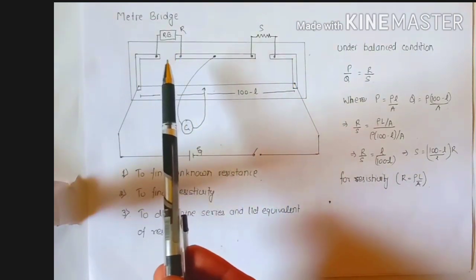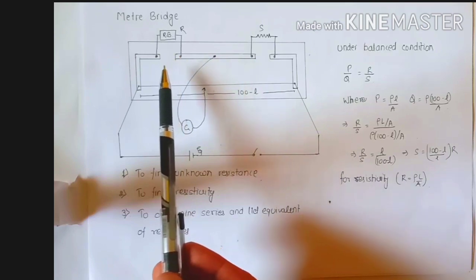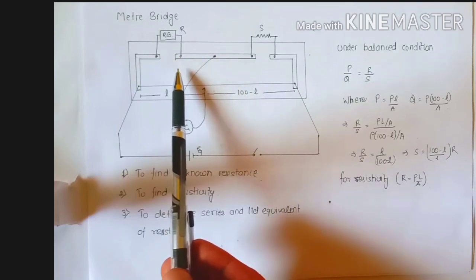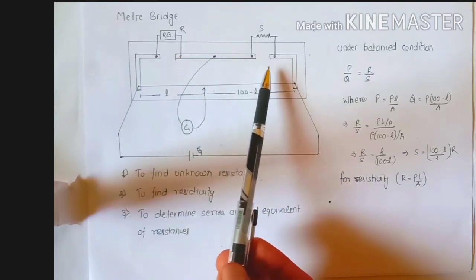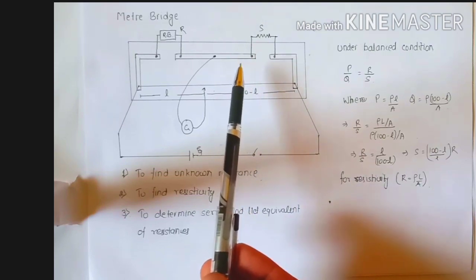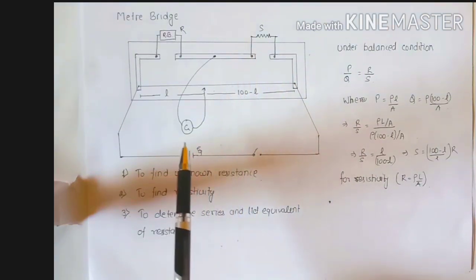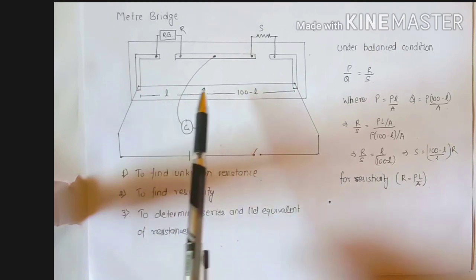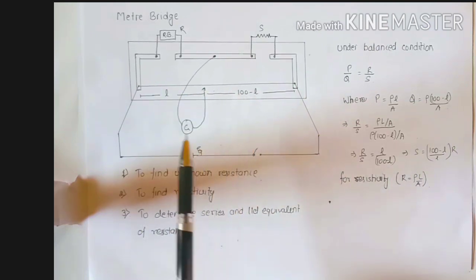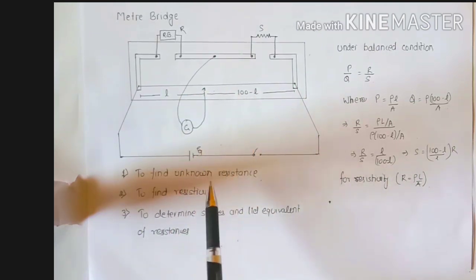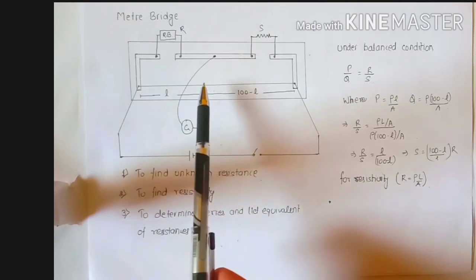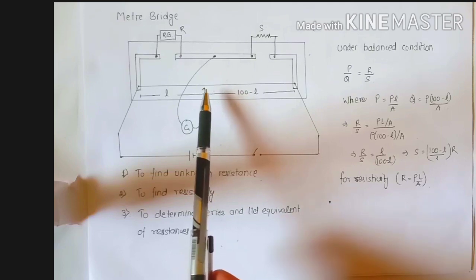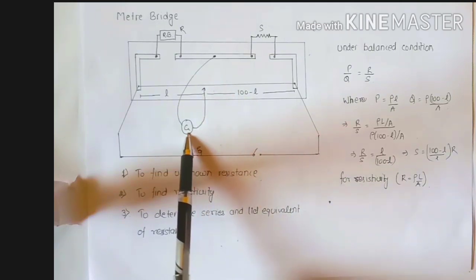Here RB implies resistance box, in which a known value of resistance is taken, and S is the unknown resistance. So on completing the circuit in the same way as that of the Wheatstone bridge, under balance condition, this is the jockey. Balance condition is obtained when no current flows through the galvanometer.